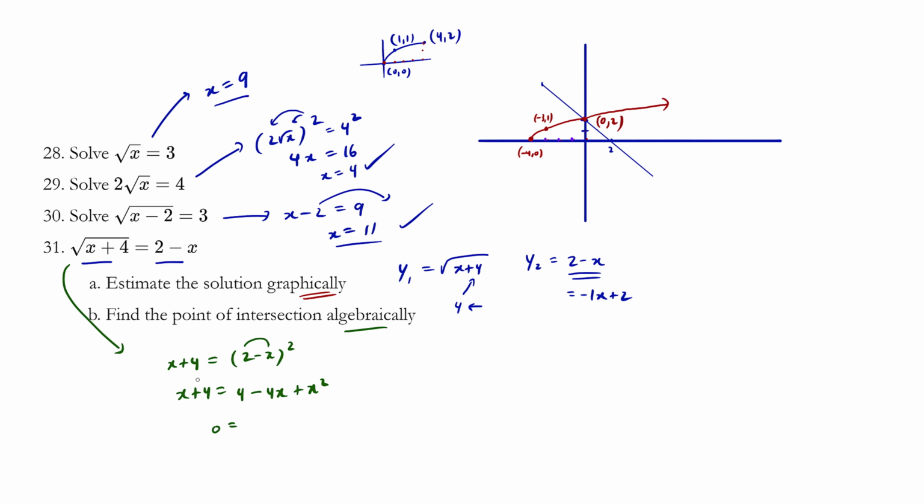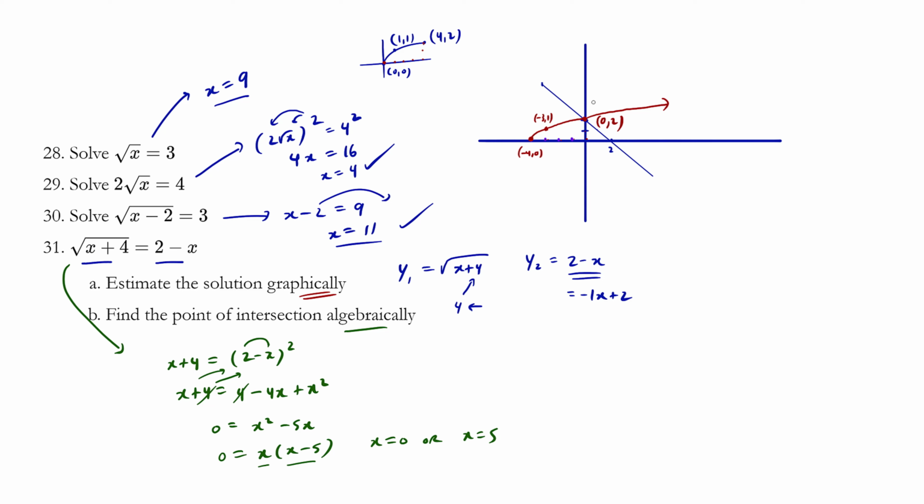And we can throw everything over to the right. So this becomes x squared minus 4x minus x is minus 5x. And the 4's cancel. So we're going to factor the x out here. We have x minus 5. Something times something equals 0. So therefore x equals 0 or x equals 5.